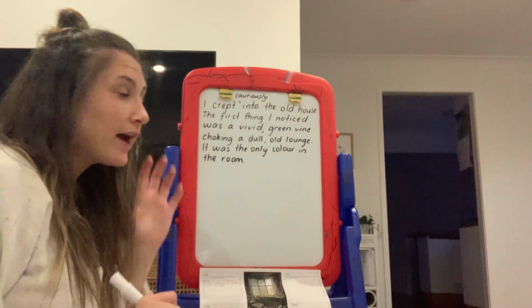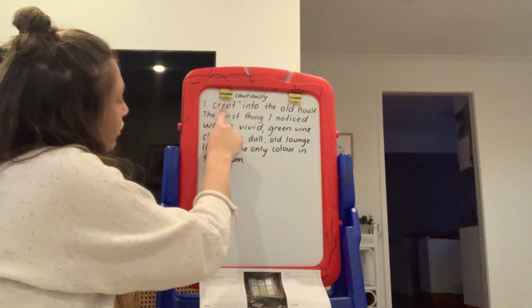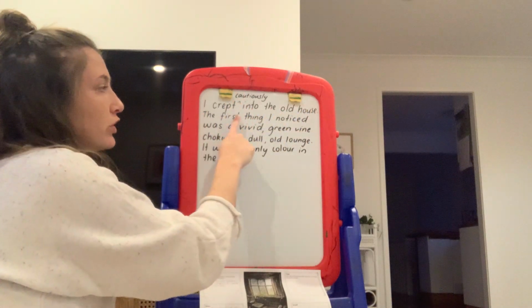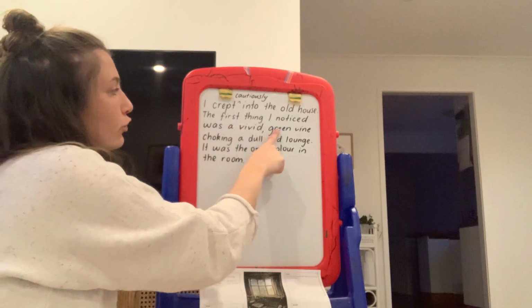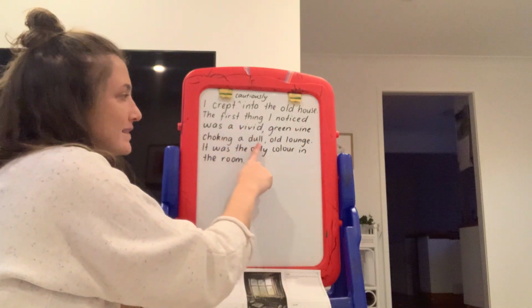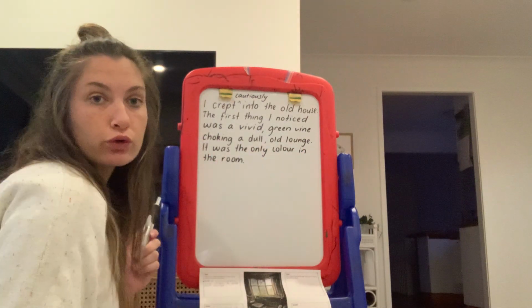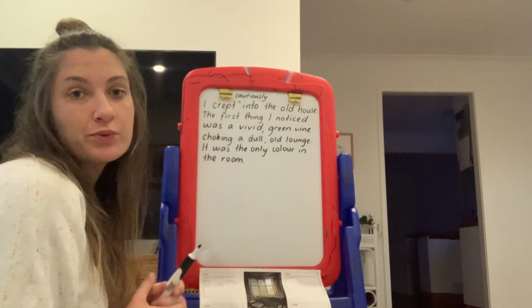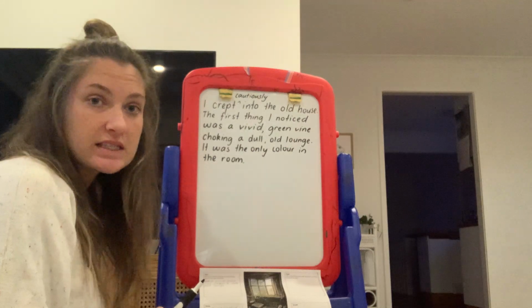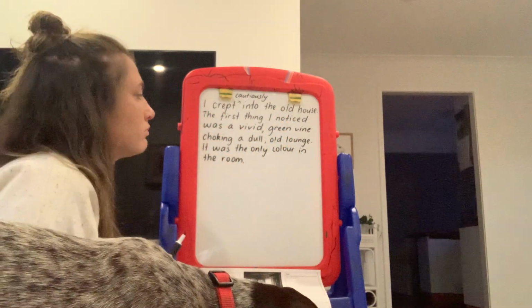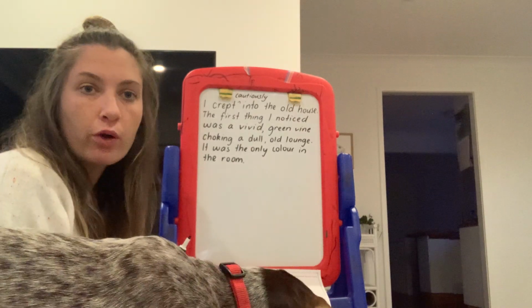Okay, so I have written so far, I crept cautiously into the old house. The first thing I noticed was a vivid green vine choking a dull old lounge. It was the only colour in the room. So I have described what I could see. I haven't said, I walked into the house, there was a vine, or there was a vine growing.